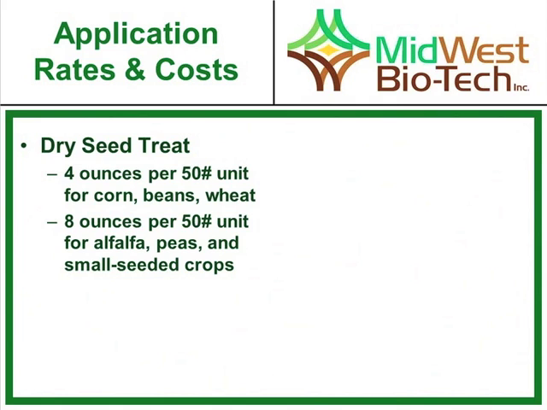Some of the seed companies have gone to seed count units, but if you really just compare it in terms of a bag of corn or beans or wheat, you only need 4 ounces. That's where we start. For smaller seed like alfalfa, Austrian peas, other small seeded crops, you up that to 8 because you're dealing with more surface area.